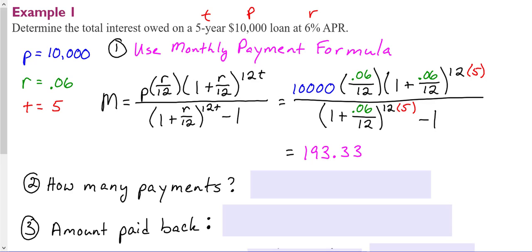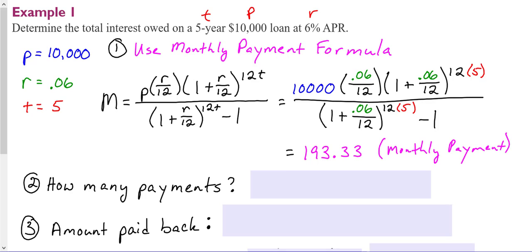Once we fill it in, we find that we have a $193.33 monthly payment. This is the amount that you have to pay each month. After that, we need to figure out how much we actually paid on this loan.